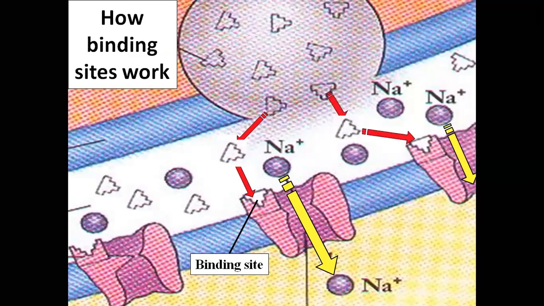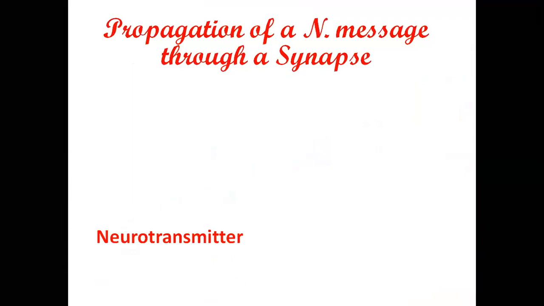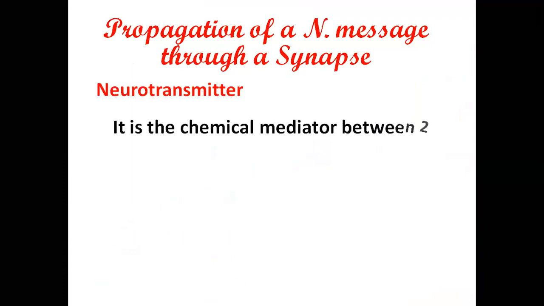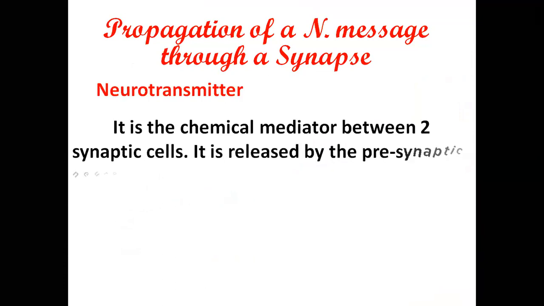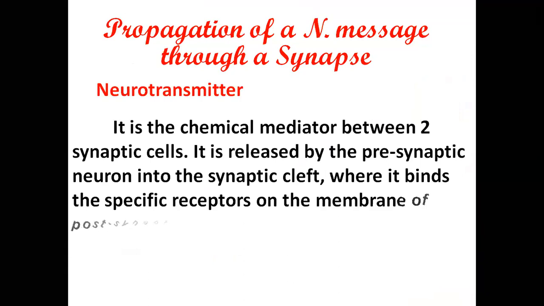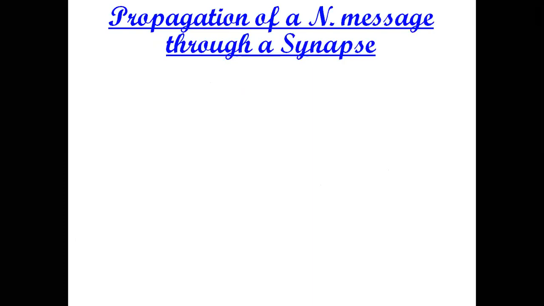We'll talk about them later. What is a neurotransmitter? A neurotransmitter is a chemical mediator between two synaptic cells. It's released by the presynaptic neuron into the synaptic cleft, where it binds to specific receptors on the membrane of the postsynaptic cell.